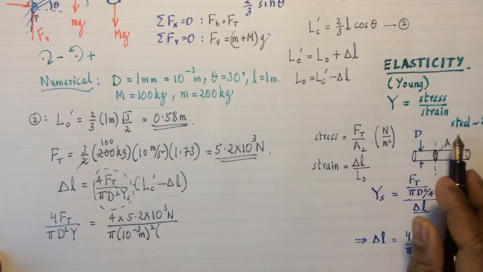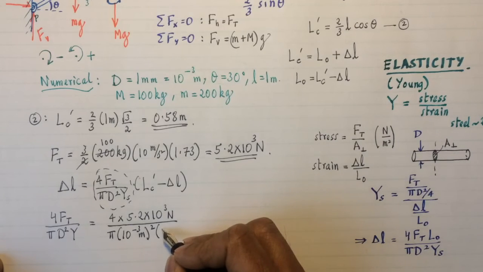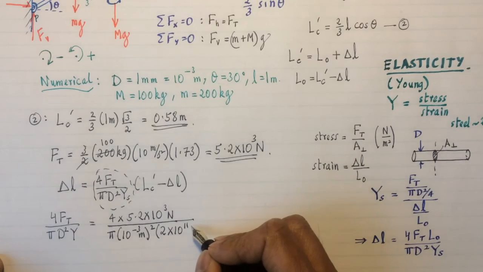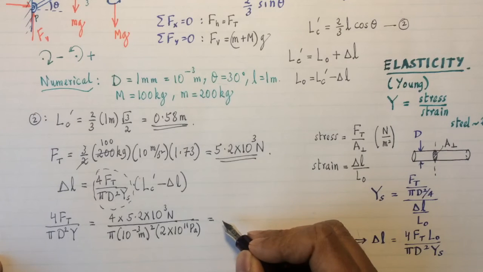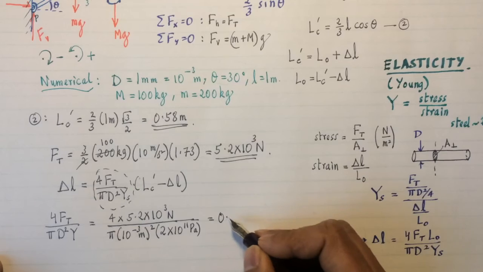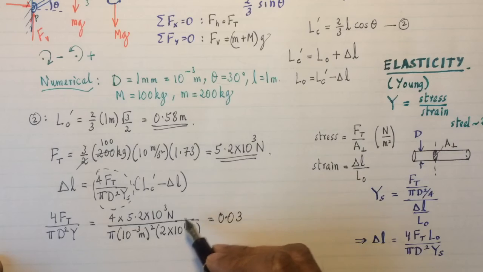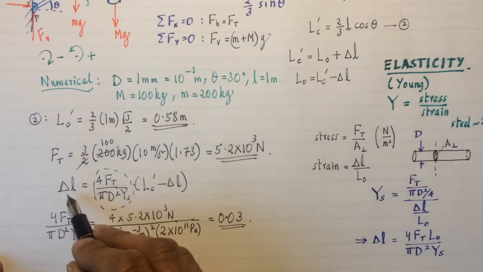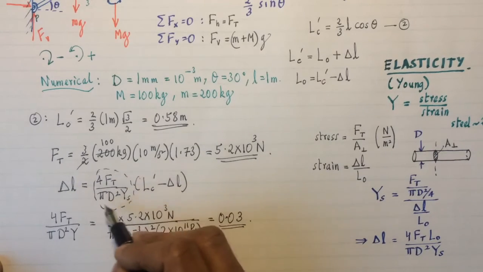And Young's modulus of steel is 200 gigapascals, which I can write as 2 times 10 to the 11, because 200 times 10 to the 9 is the same as 2 times 10 to the 11 pascals. So let's work this out. This actually turns out to be 0.03. There are no units because I get newtons per meter squared, which is the same as pascals, so it's unitless. And it better be unitless because for change in length, there's already a unit of meters here, there's a unit of meters there, so this had better be unitless.